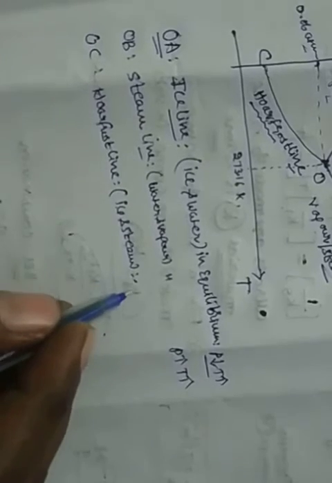OC is called the hoarfrost line. Here ice and steam are in equilibrium with each other. Okay. This is about the triple point of water.